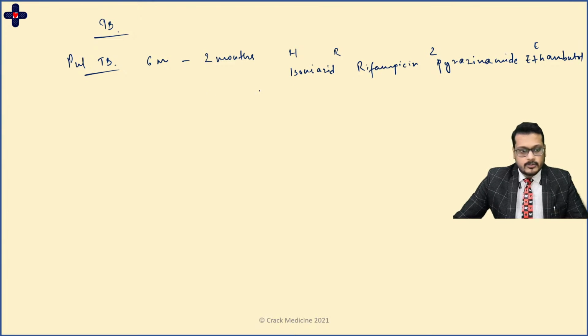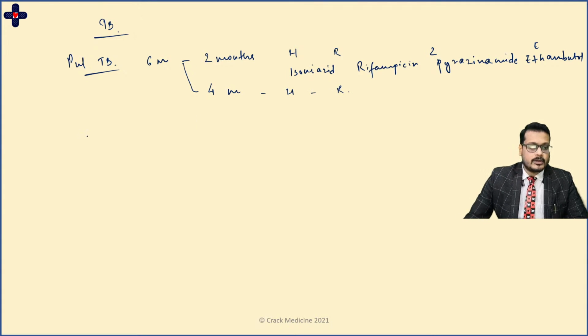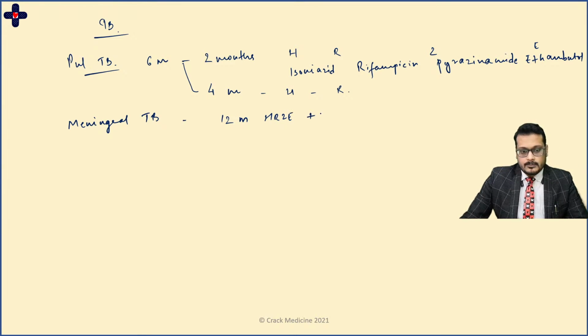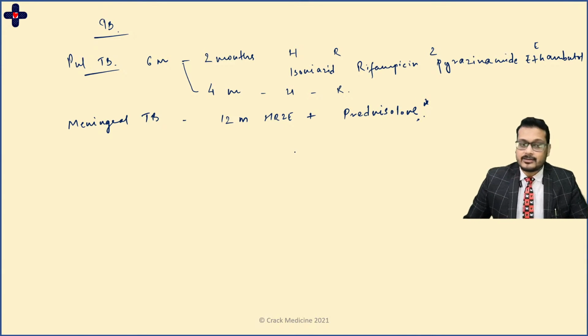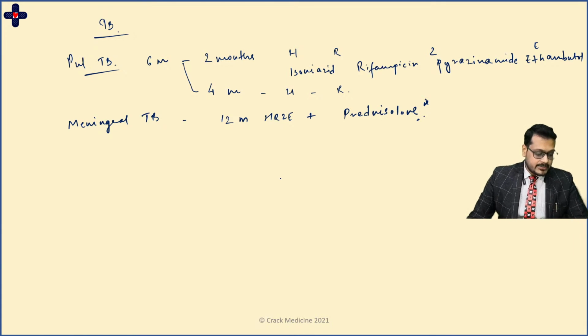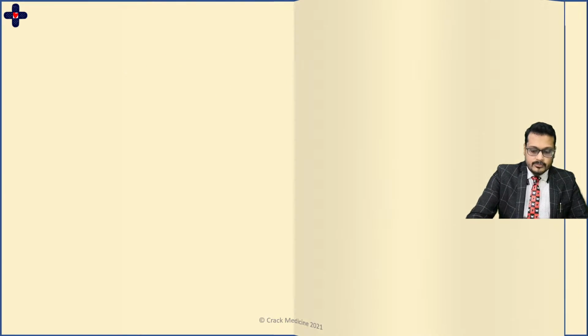Correct. So for the remaining 4 months, you have only isoniazid and rifampicin. Okay, but in cases of meningeal TB, the same treatment goes on for 12 months. Plus, most importantly, you add prednisolone. Please remember, prednisolone you add in a tuberculosis patient only when he or she has developed meningeal signs. Okay, moving on to the next one.